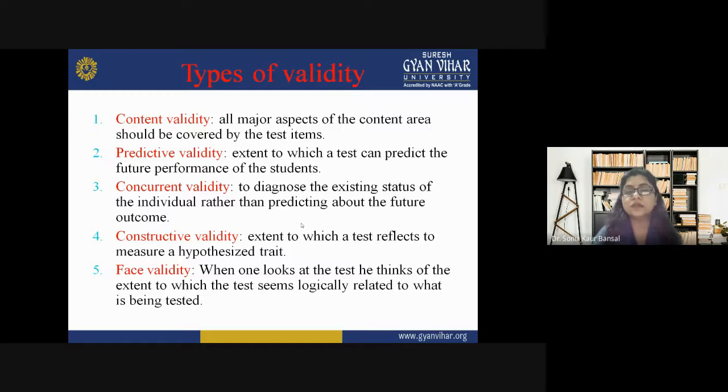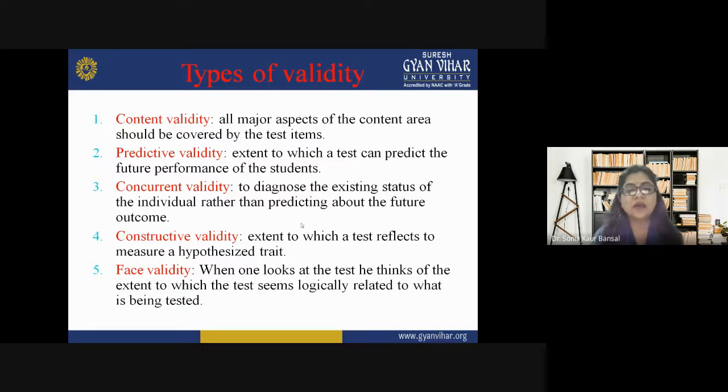So we are not discussing what will happen in future, but right now it gives you the proper status of an individual, how much the individual is performing, how well he is performing, and where he is lacking. This is concurrent validity. At the present time, it is assessing well. And dear students, if it is not assessing that, then just believe me that it is losing concurrent validity, which is not good for our test.